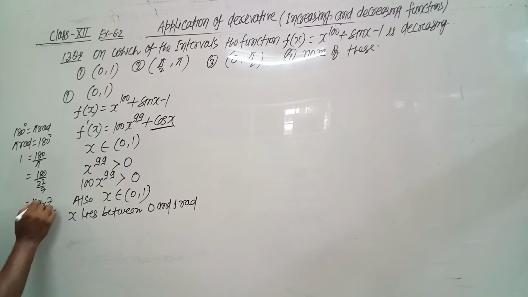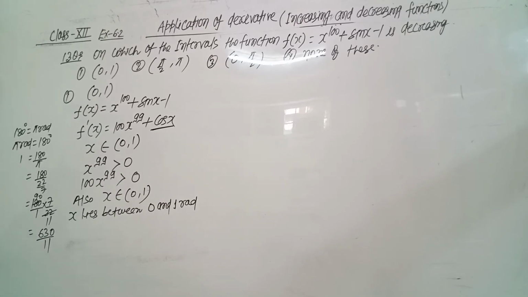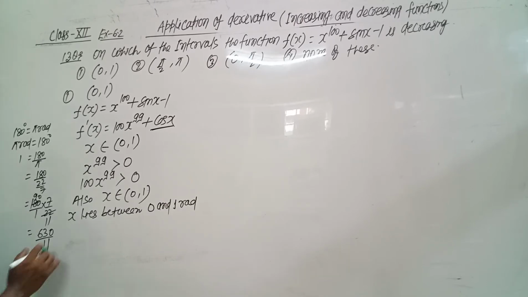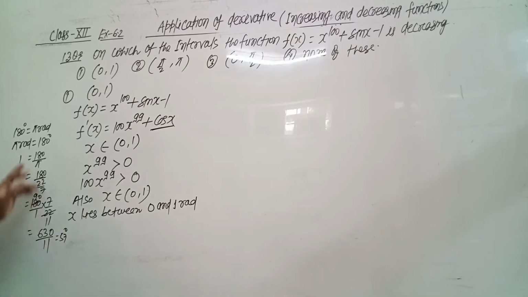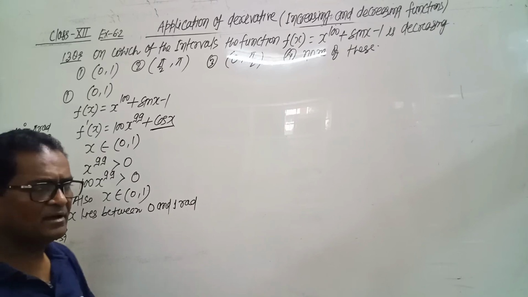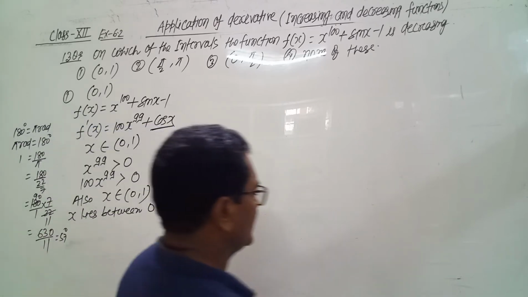We get 630 upon 11, and the value of 630 by 11 is approximately 57 degree. We have converted 1 radian into degree.